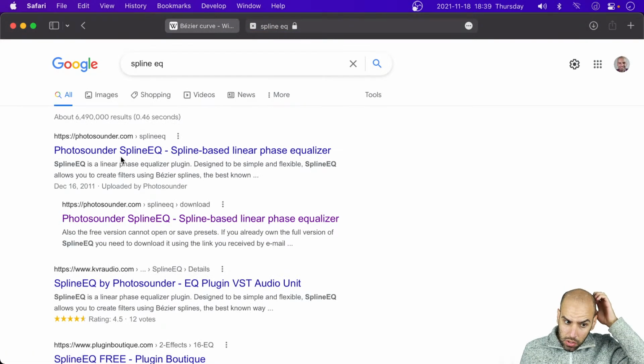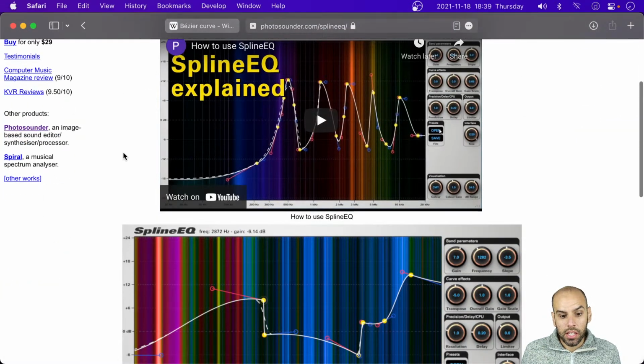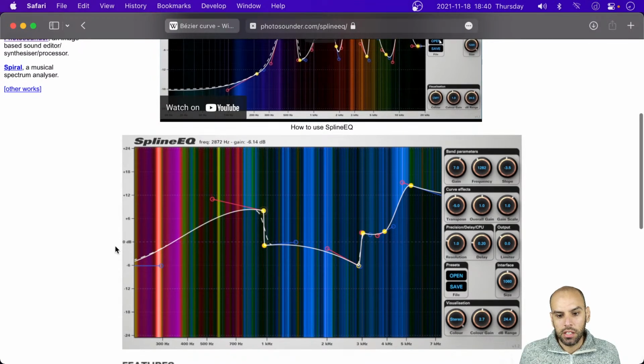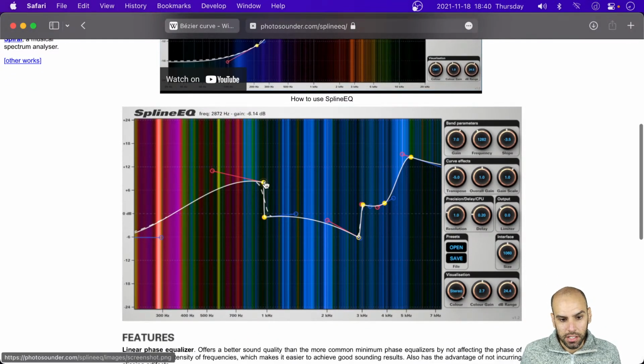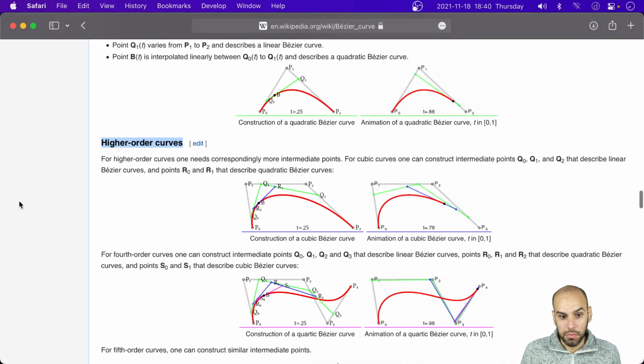I think that's what it's called, Spline Eq, yeah. So it's actually an equalizer that allows you to draw the equalization curves using Bezier curves. You can see the little control points in the EQ curve. So fun stuff. Maybe we could implement something like this using Bezier curves.